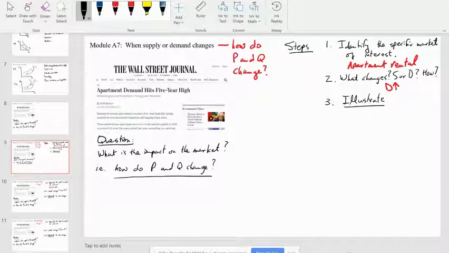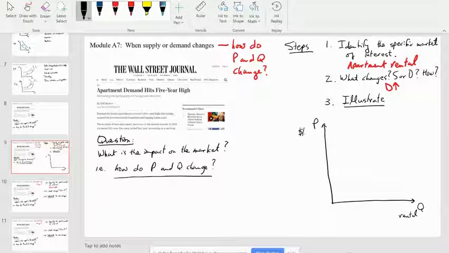To illustrate the effect of increasing demand, we start with our usual framework for supply and demand. We're going to begin with our axes, price and quantity. We can write down that our quantity axis is for the number of rental units that are available. Our price is the dollar per rental unit.